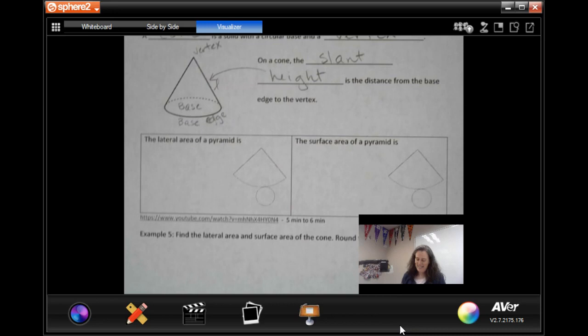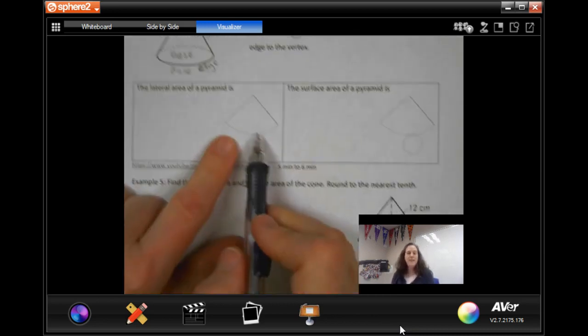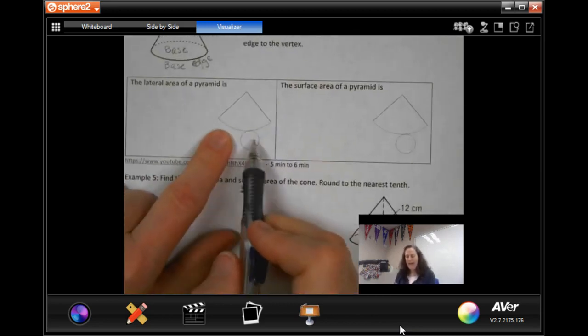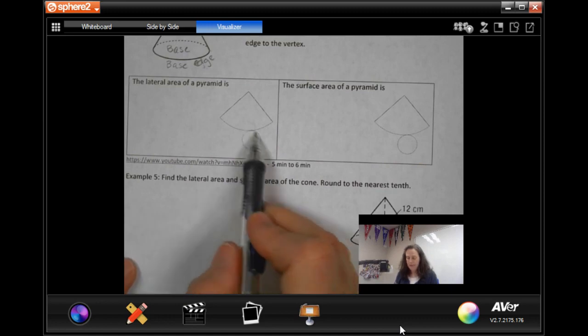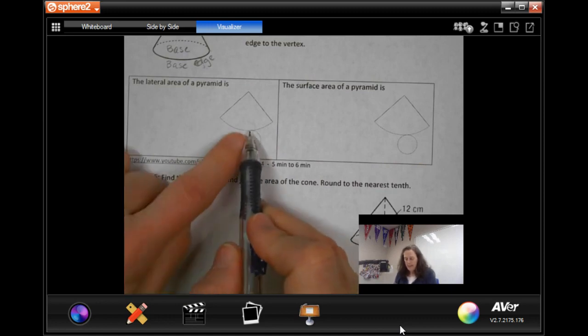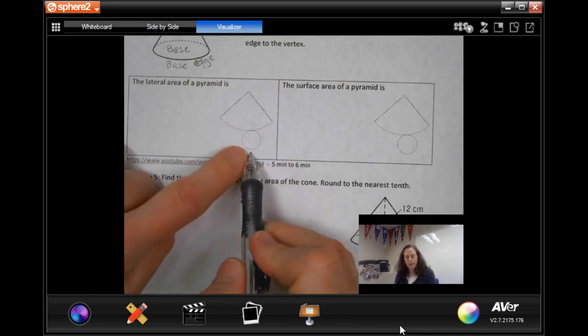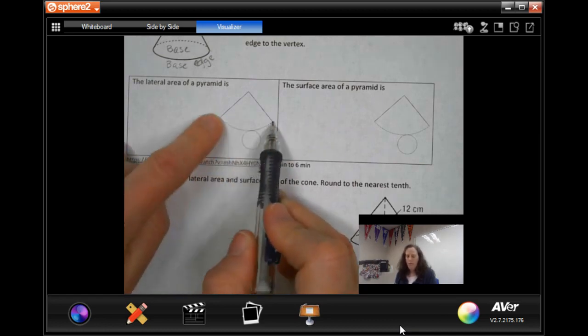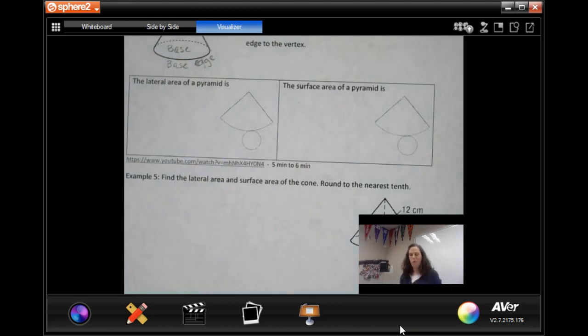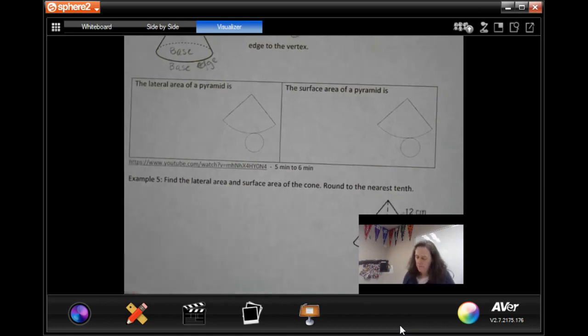So let's try this. This is the net for it. When you take it apart and flatten it out, there's our base, that big circle, and then they rolled out the sides. So these would connect all the way around the circle. But if we roll them out, it kind of looks like a quarter of a circle, kind of like a pie piece. Or remember we did sectors? It's like a sector of a circle.